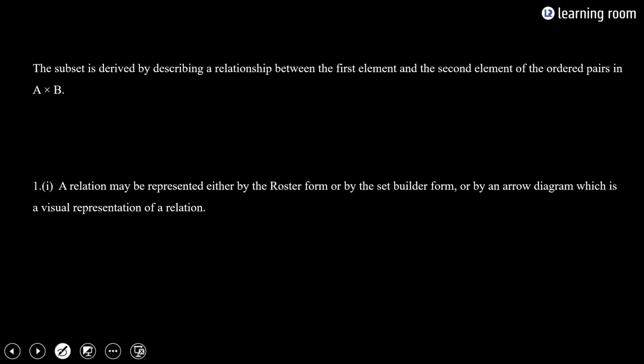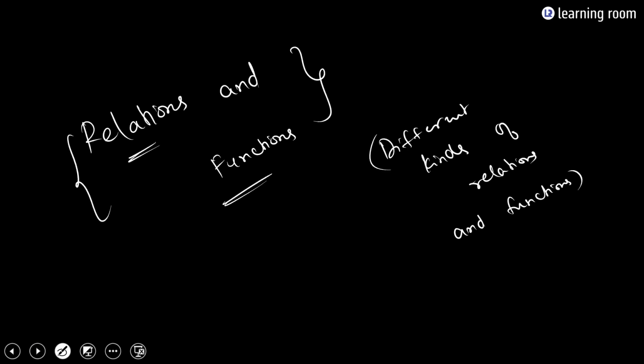Can someone tell me, if I ask you to give me the simplified version of this whole concept of relations and functions, what will you tell? If I have to explain the whole concept of relations and functions in just one line, how I do is, first, I will have two sets, right?